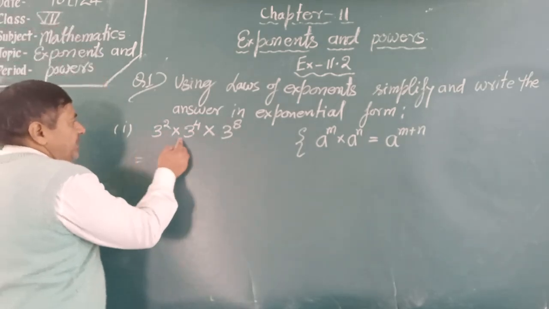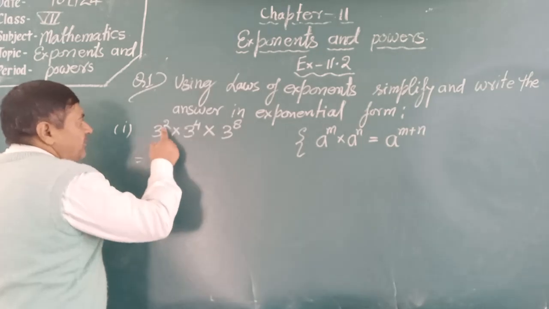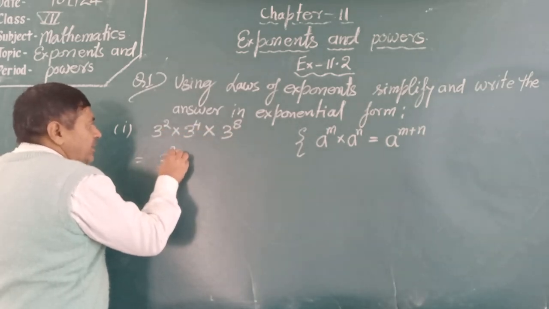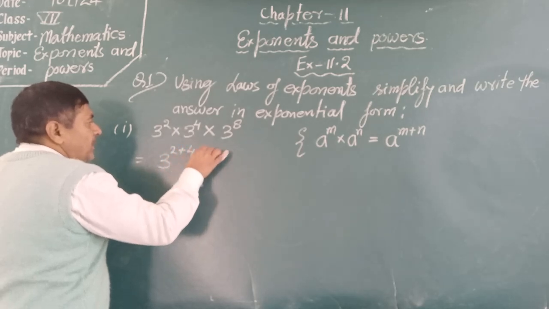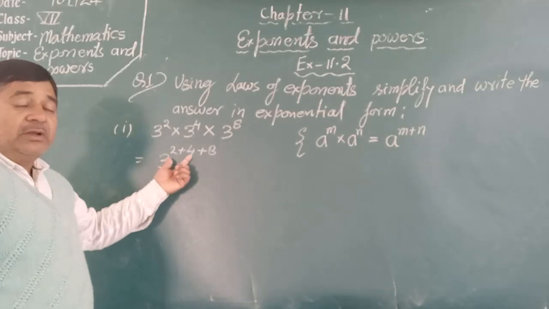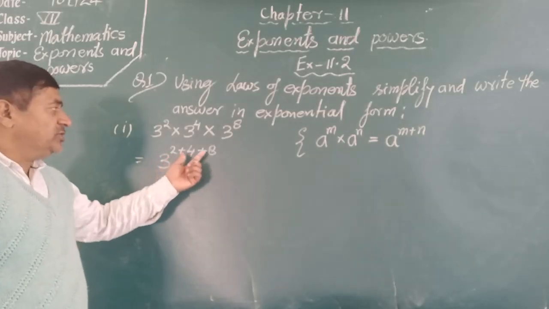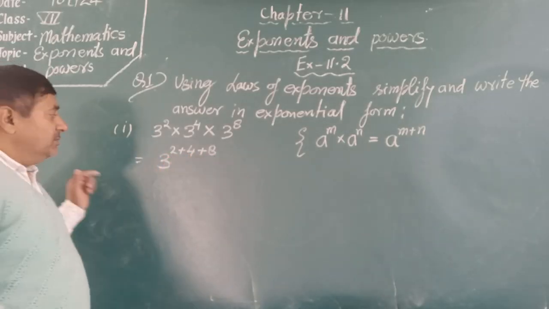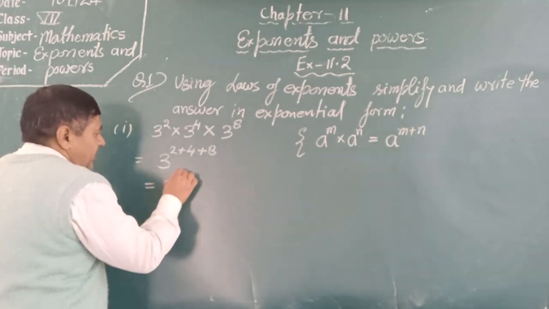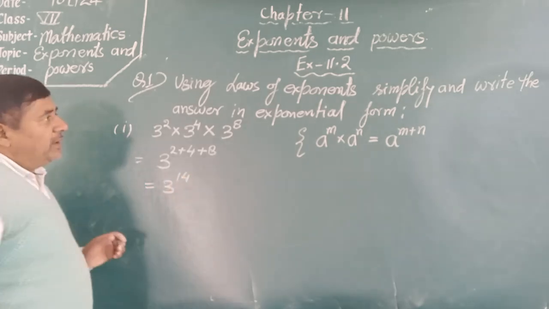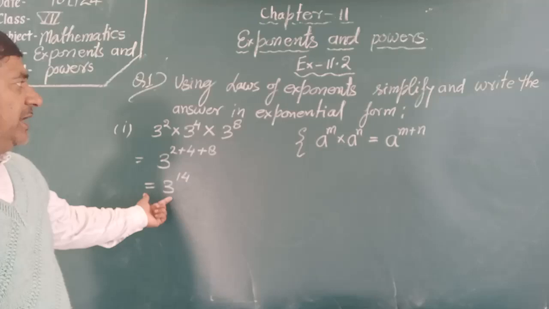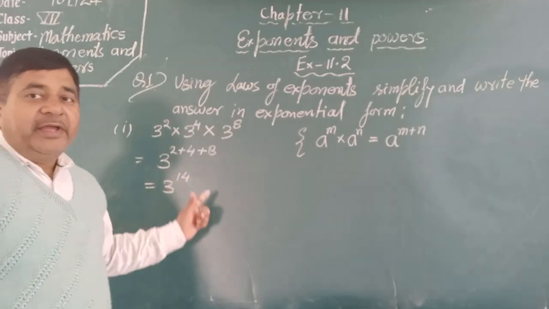Same base, but the powers are different, and you add the powers. So 2 plus 4 plus 8. 2 plus 4 is 6, and 6 plus 8 becomes 14. So now this will be 3 to the power 14. This is simplified, and the answer is in the form of an exponent.